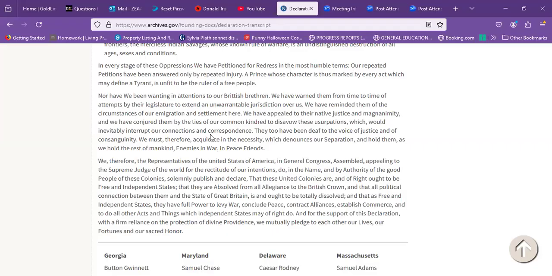However, what is interesting about the Declaration of Independence is that Jefferson doesn't just succeed in explaining why the United States needs to be the United States, right? Why we need to be a politically independent entity.